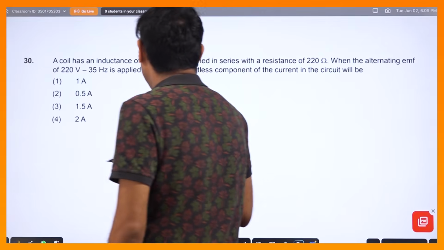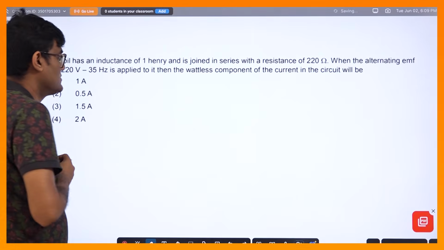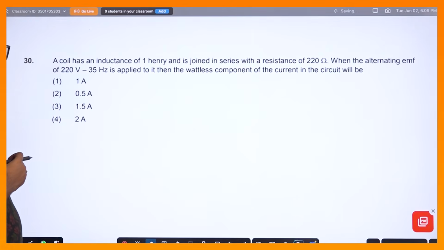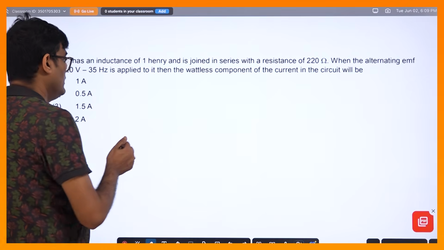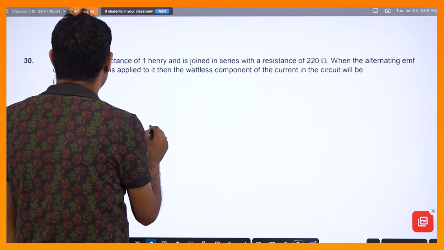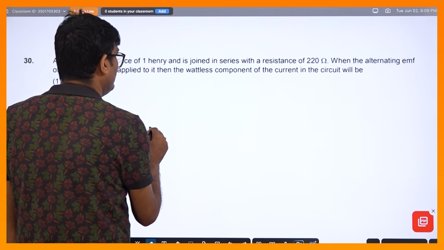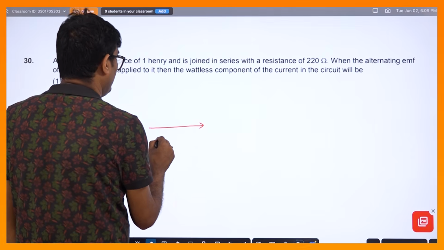A coil has an inductance of 1 Henry and it is joined in series with 220 ohm. When an alternating EMF of 220 volt, 35 Hz is applied, what is the wattless component of the current in the circuit? So there is an inductance of 1 Henry and resistance of 220 ohm.